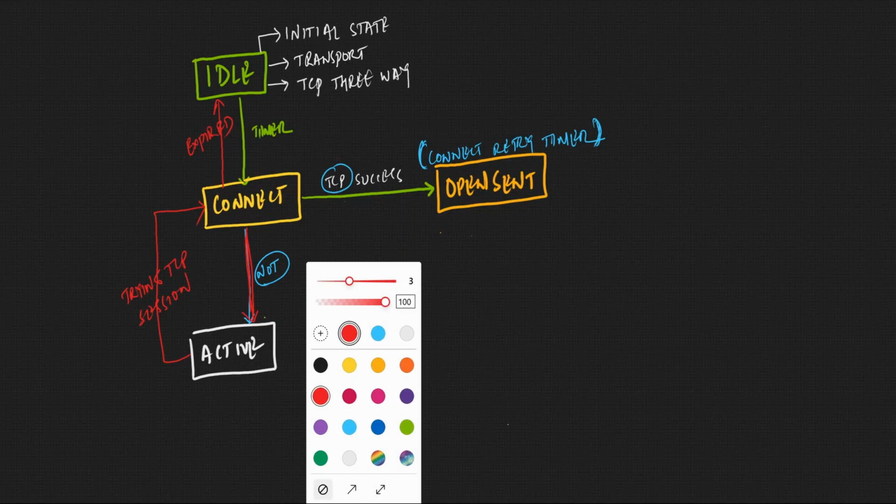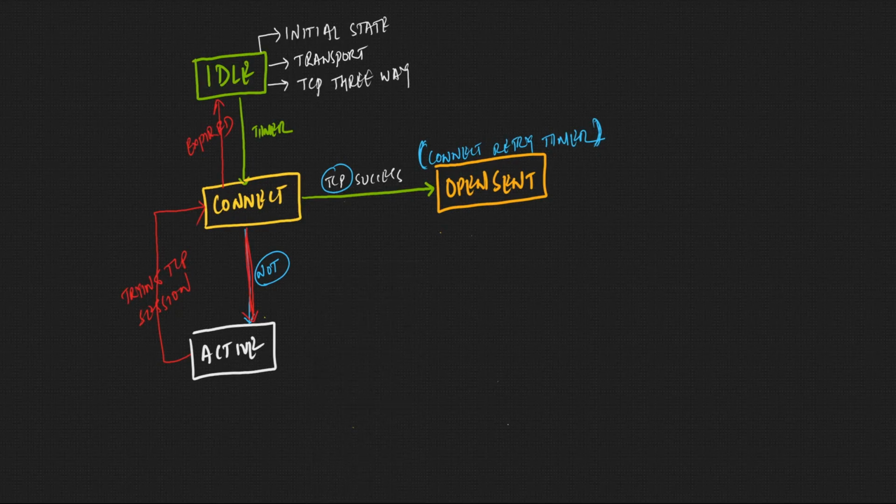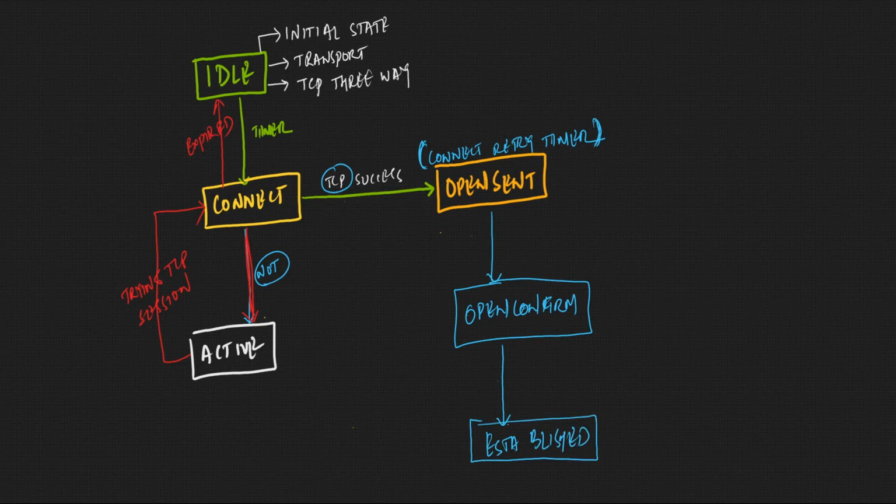Now, if I am in OpenSent and I receive an open message, there is no error. We compare it and I will transition to OpenConfirm, send a keepalive, and then transition to the Established phase.